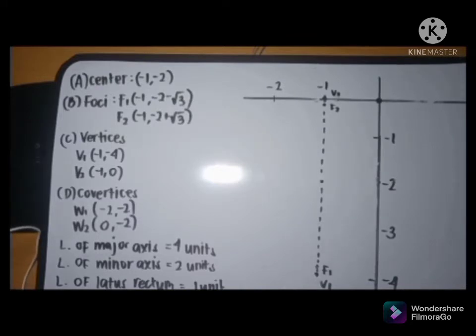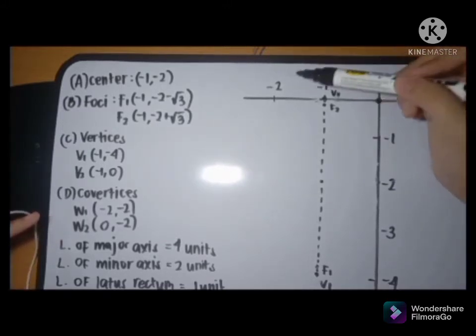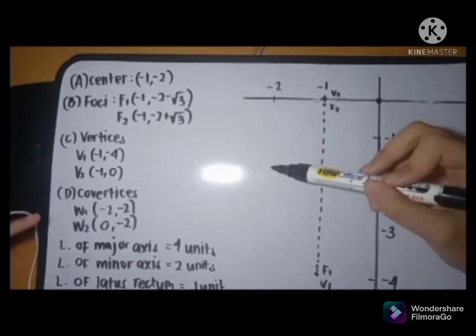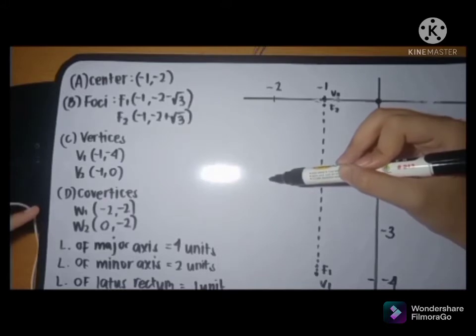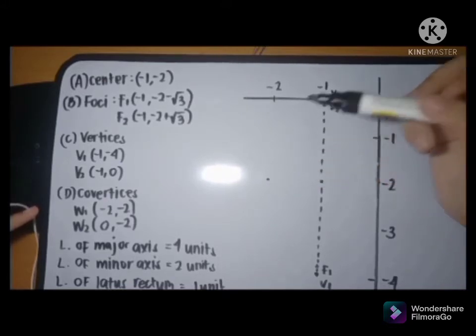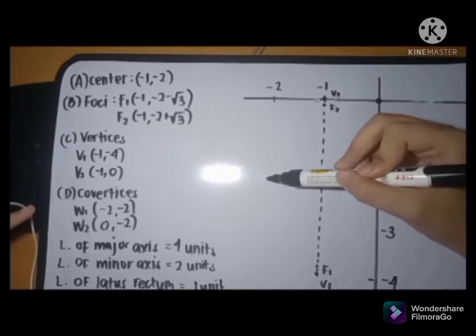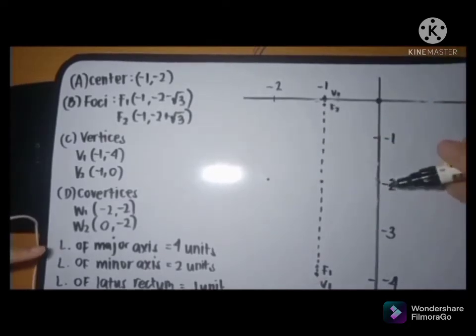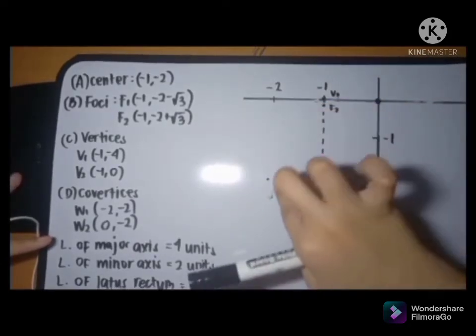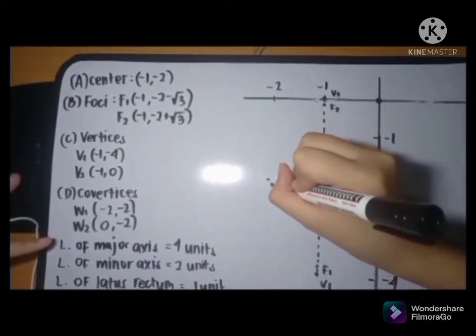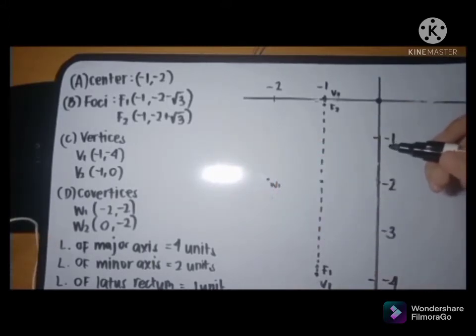Now, for the co-vertices, we have w sub 1, which is negative 2, comma, negative 2. As you can see, it is aligned with our center, which is negative 1, comma, negative 2. Then we're going to label it w sub 1. And for w sub 2, we have 0, comma, negative 2. Obviously, it is just right here.